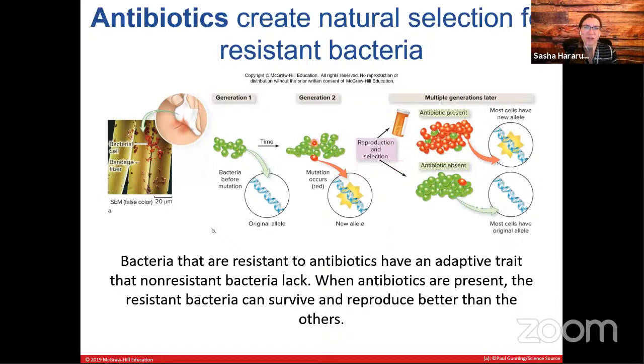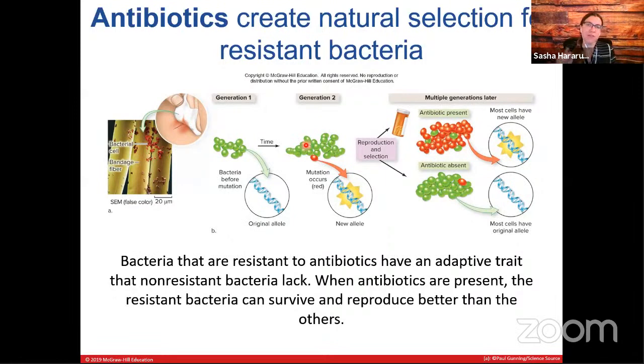But it's important to understand that in order for the antibiotic resistant bacteria to appear, there have to be some individuals in the original population. They cannot be developed because the antibiotic was introduced. They had to be present in the beginning before the antibiotic treatment started.